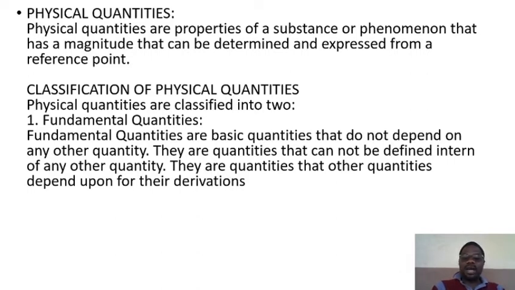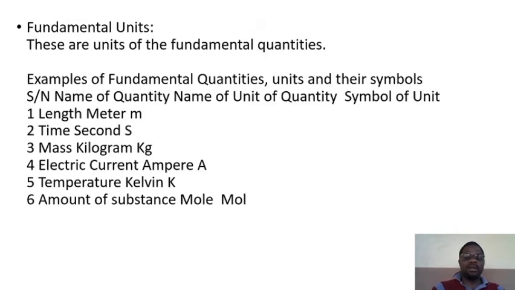They are quantities that other quantities depend upon for their derivation. So for you to derive other quantities, you must derive them in terms of the fundamental quantities. So now, what are the fundamental units? The fundamental units are the units of fundamental quantities.